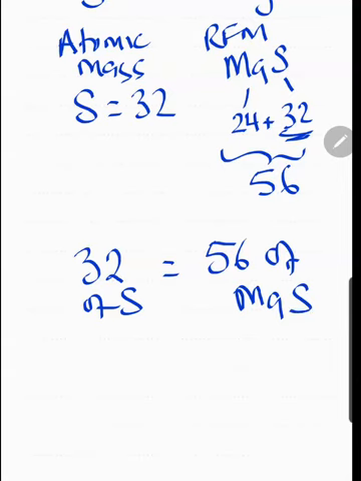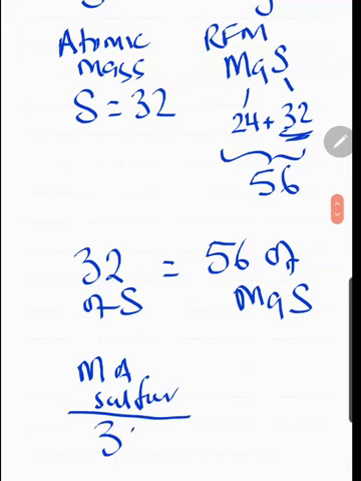Okay, now I'm going to give you a formula. I don't know the exact mass of sulfur, so I'm going to say M of sulfur over 32 equals, now we do know the mass of magnesium sulfide, which is 5.6 divided by 56.